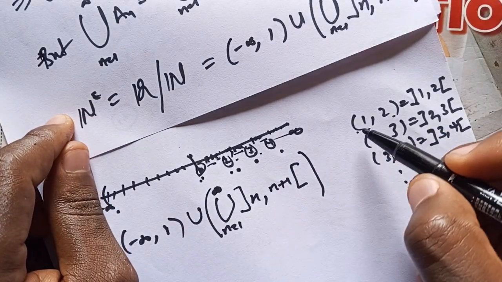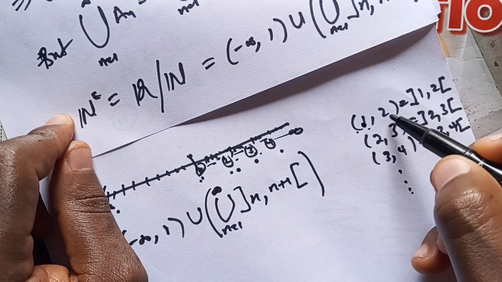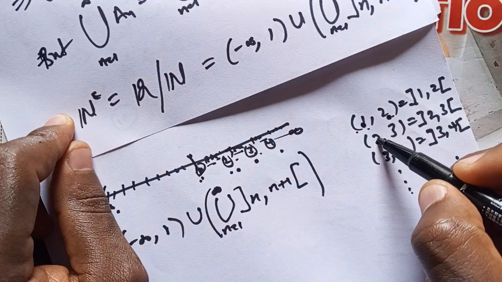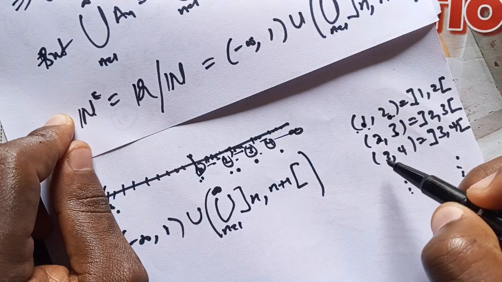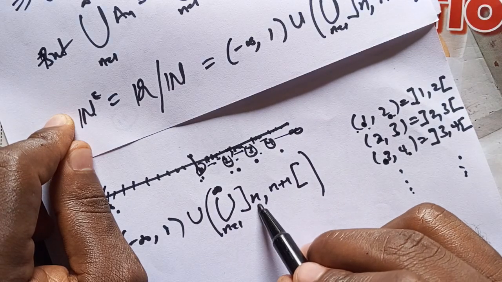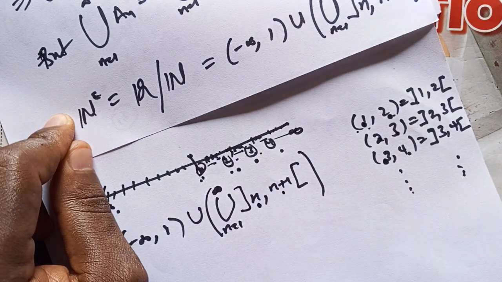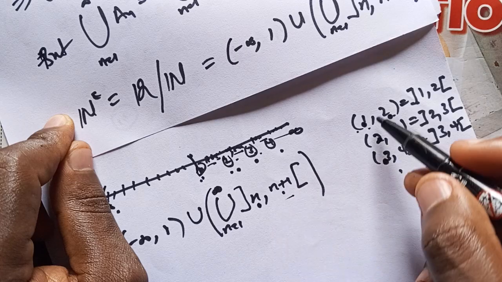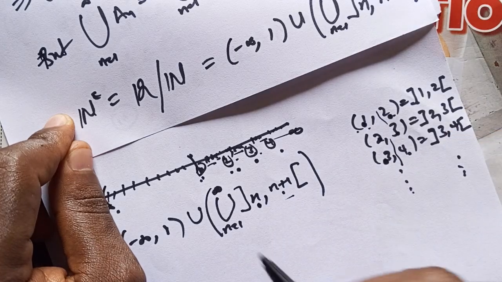Observe, if n is 1, then n plus 1 is 2. If n is 2, then n plus 1 is 3. If n is 3, then n plus 1 will be 4. That's why we have this. So this is a general representation of these intervals.